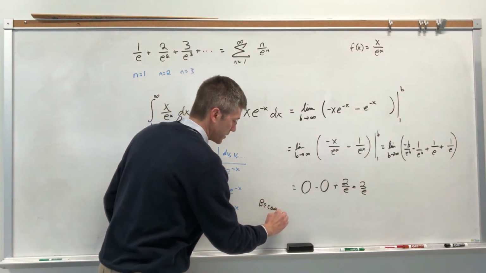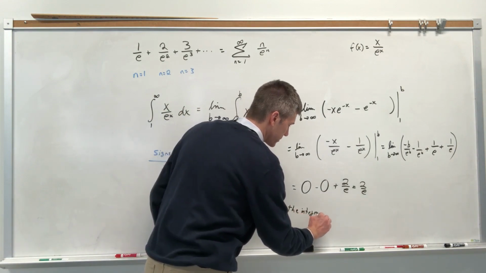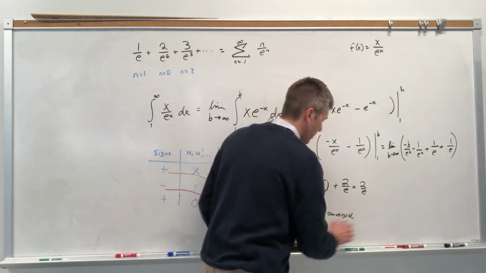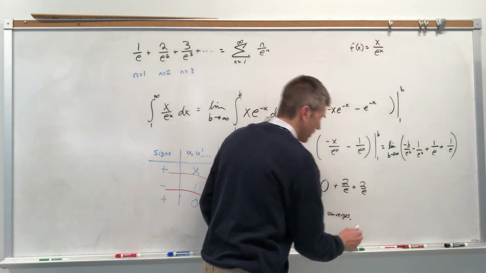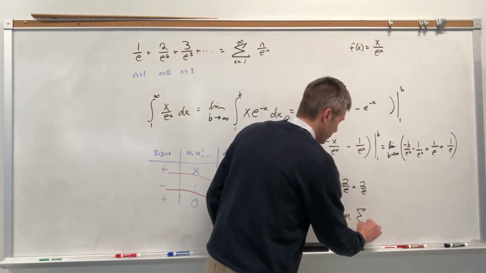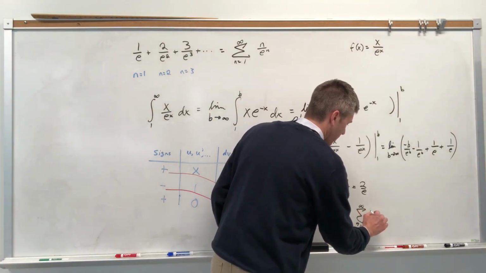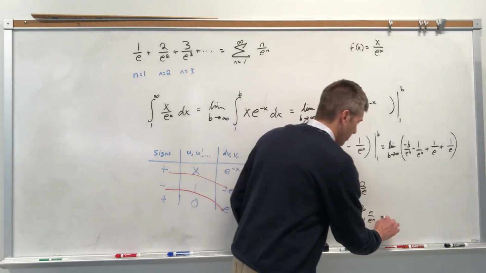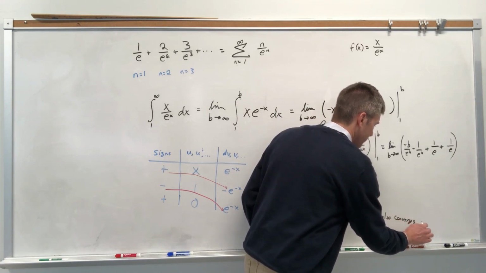Because the integral converged, then the series converges. I'm going to write the series. The series which we had going from 1 to infinity of n over e to the n also converges. Done.